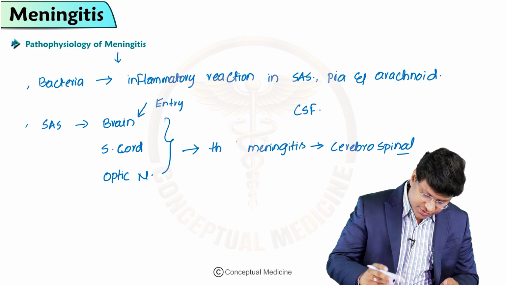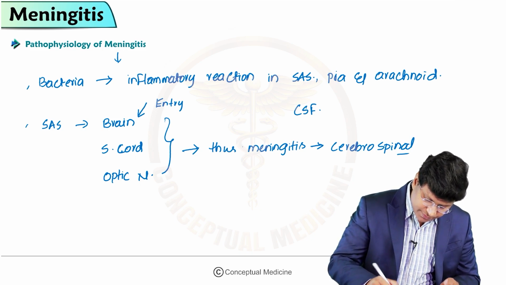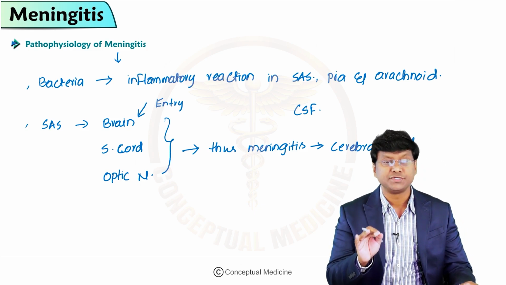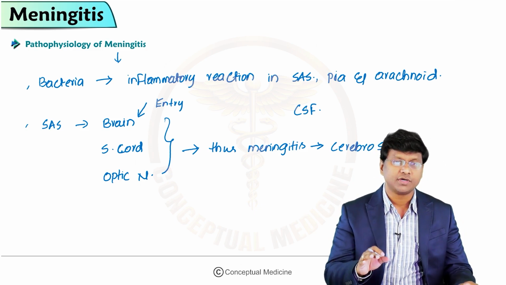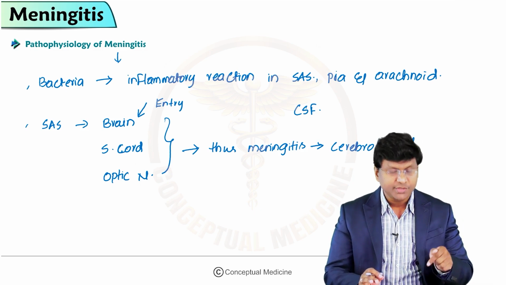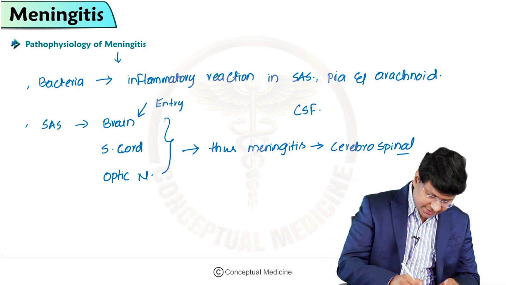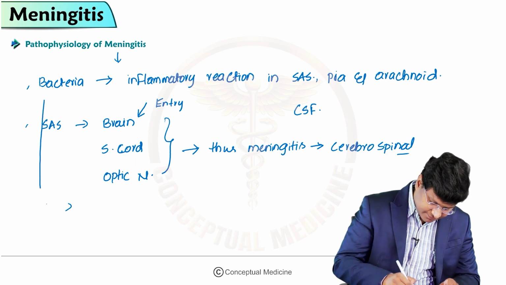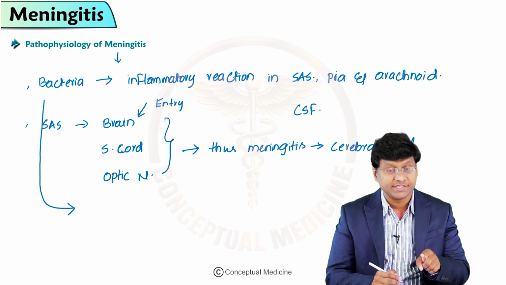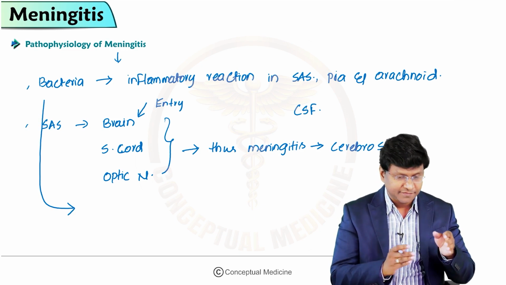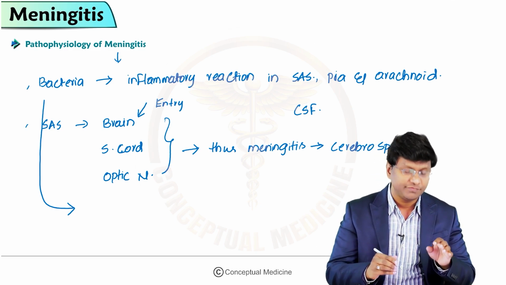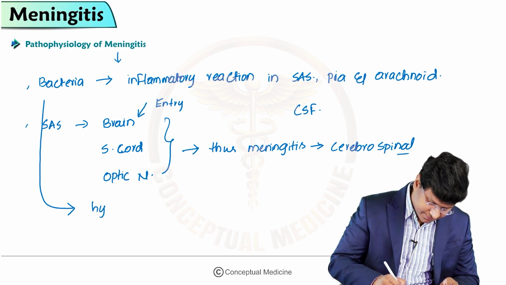Meningitis, it is always cerebrospinal. Next, the first reaction to bacteria or their toxins is hyperemia of meningeal vessels.